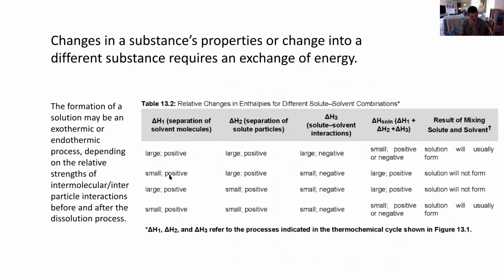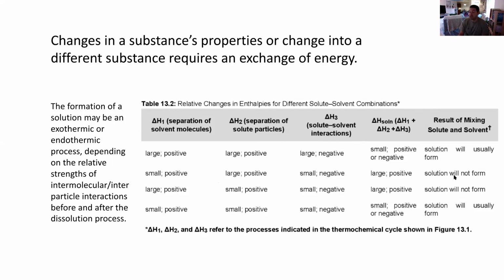If we get a mix of small and large, it's important that one of them is large for delta H1 or delta H2. So at least one of the pieces requires a lot of energy, whether it's the solute or the solvent. But overall, these solute-solvent interactions are really small, which typically occurs when we have a polar with a nonpolar or vice versa. Typically, we get large delta H's for delta H3 when they're either both polar or both nonpolar.